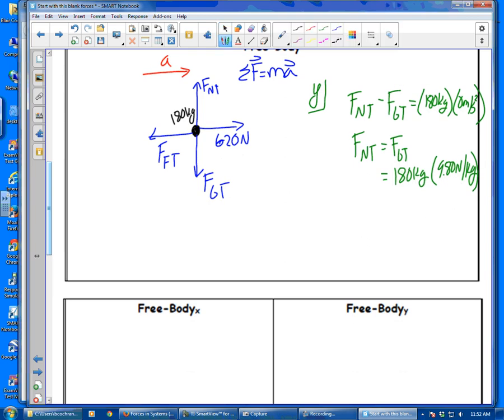And now in the X direction of the system, let's see, I have 620 newtons minus the frictional force total. Those are my only forces. That must equal 180 kilograms times A. Good.